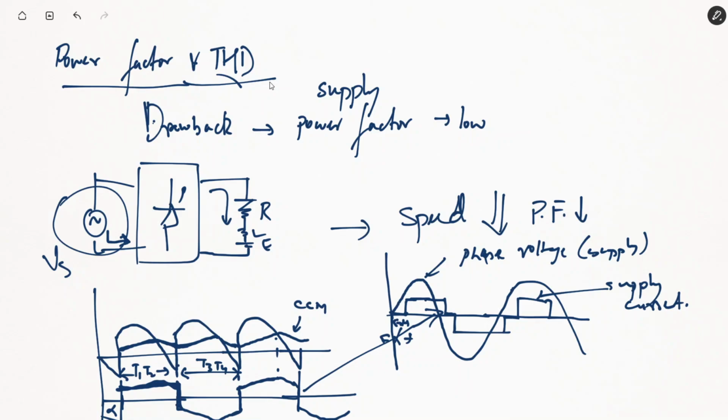While it's not 100% possible to improve the power factor or THD of this supply current, what we can do is we can try and keep the firing angle constant.